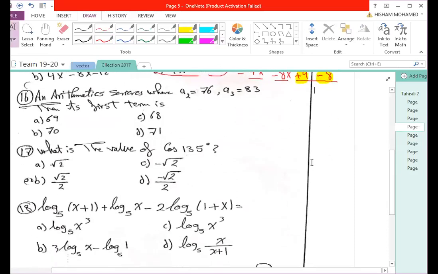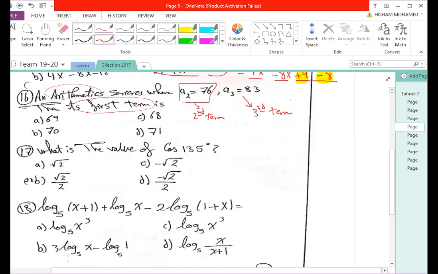Number 16. An arithmetic sequence where a2, the second term, is 76, and the third term is 83. Then find the first term.